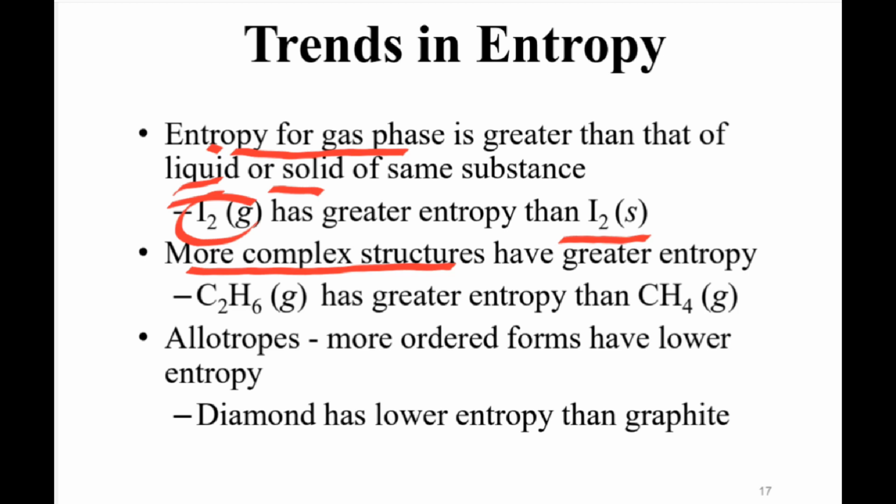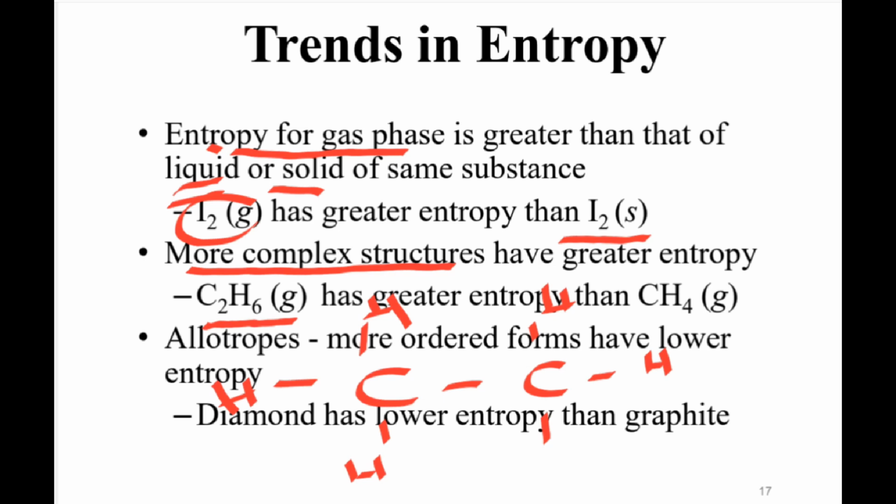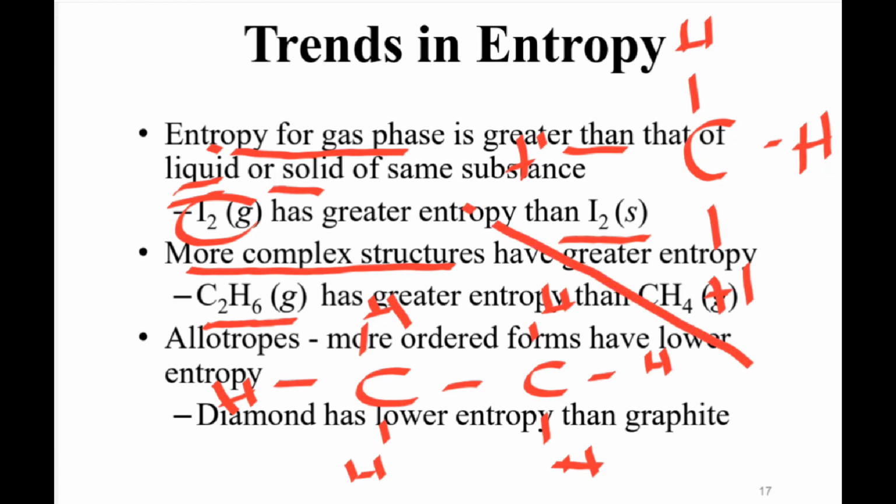For example, C2H6 ethane has greater entropy than methane ማለት ነው። እንደዚህ አይነት ስትራክቸር ይሆናል፣ የኢቴን 6 ሃይድሮጅን አለው, so this is more complex than CH4, CH4 ደግሞ 4 ሃይድሮጅን ብቻ ነው ያለው ማለት ነው። ስለዚህ እነዚህን ሁለቱን እናወዳደር: this structure is more complex than methane.